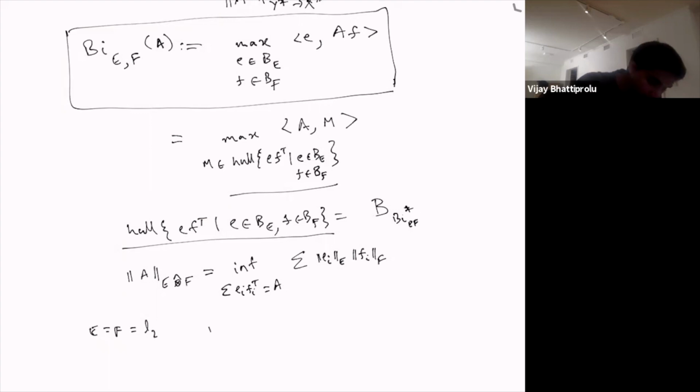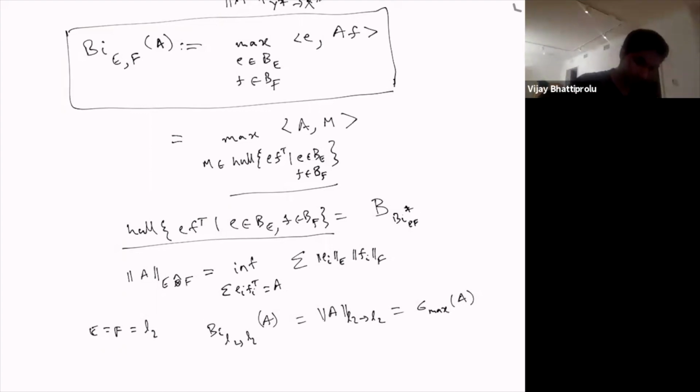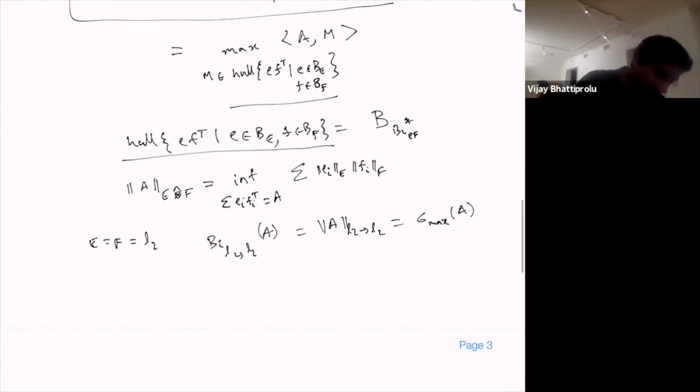The first thing is that the bilinear L2 norm of A, which is actually the L2 to L2 operator norm of A, equals the maximum singular value of A. On the other hand, the projective tensor norm, L2 tensor hat L2, is what's known as the nuclear norm. It's the summation of the singular values of A.